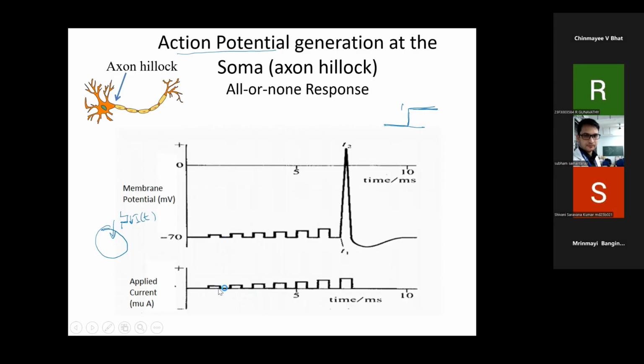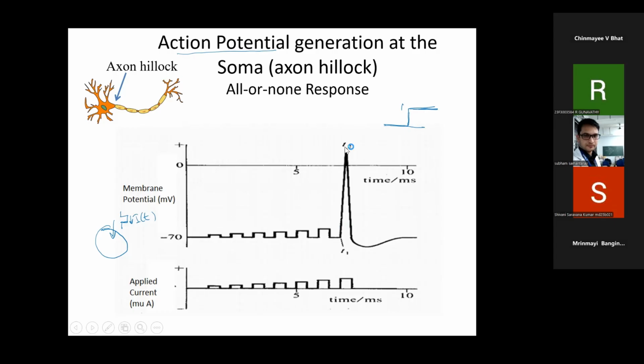If the current amplitude is small, the voltage response is also small. Now you gradually increase the current amplitude, and the voltage response also gradually increases. But this happens only up to a point. Once the current amplitude reaches some threshold, suddenly something happens in the neuron, and you see a huge voltage response. And once that happens, there is no stopping.